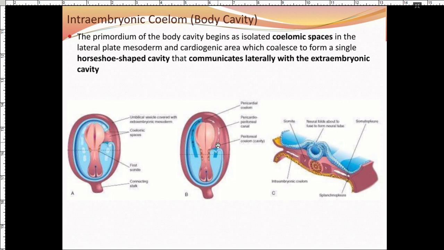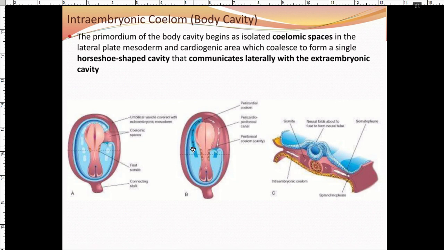This is going to be your coelom, and then the region that is going to be cranial to the oropharyngeal, or let me say, your buccopharyngeal membrane, that region that is going to be cranial to the septum transversum, is the portion that is going to form your pericardial coelom.